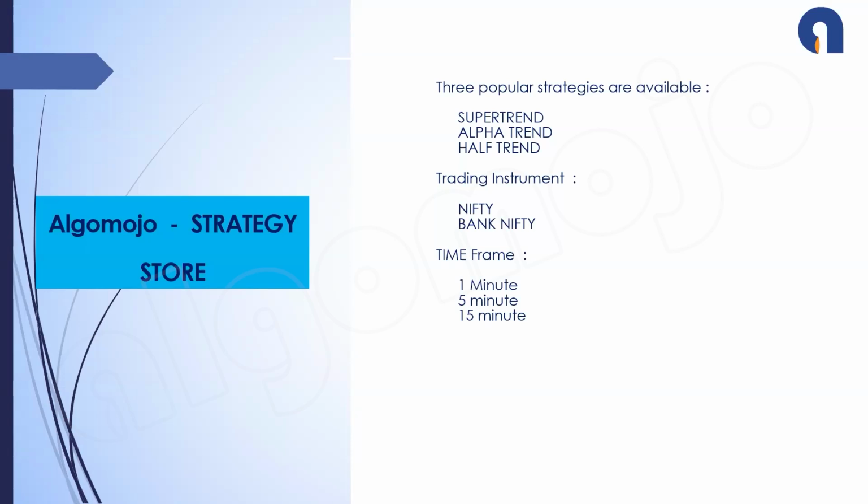If you select whatever you want to trade with, say Nifty in a 1 minute time frame for Supertrend, you just select that and the strategy will be added to your account, and whenever the strategy generates a buy or a sell signal, it will get executed in your platform.